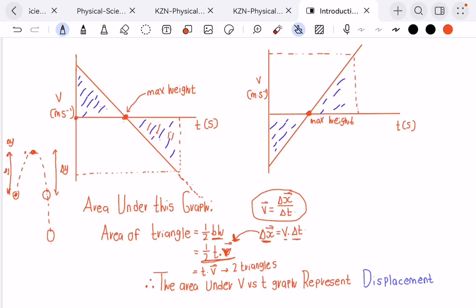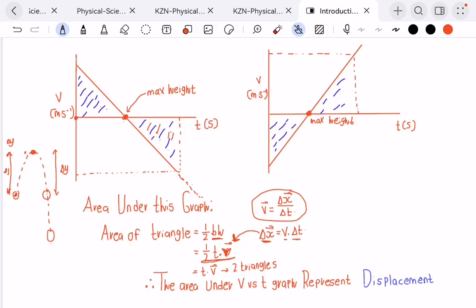But one thing that you have to note is that I think I rephrased that question wrong. If I say that the sum of these represents the total displacement, remember that displacement only considers the initial and final position.